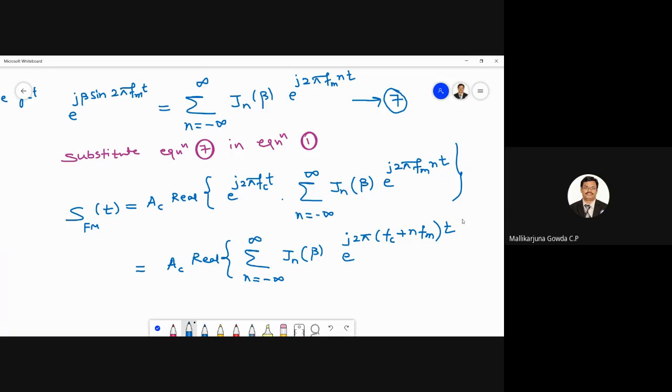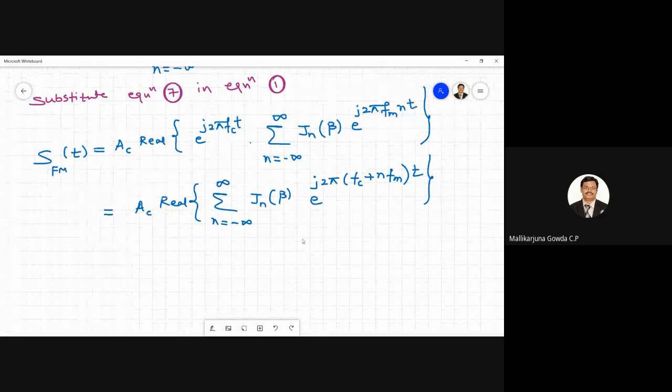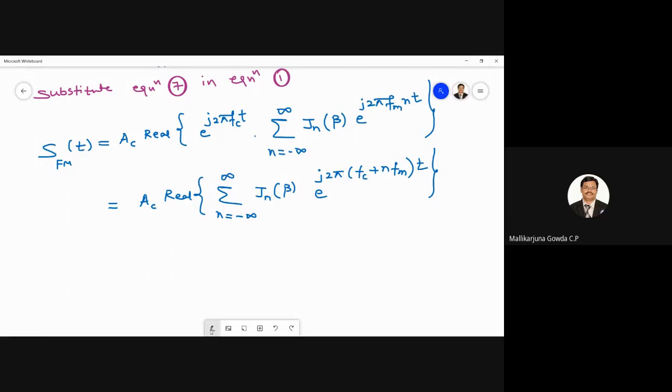Is this fine? I just multiplied e power j 2 pi fc t inside the summation. So e power j 2 pi fc t into e power j 2 pi fm n t, the powers are added, so I took e power j 2 pi outside, writing fc plus n fm t. Now what can we write as the real part of that?